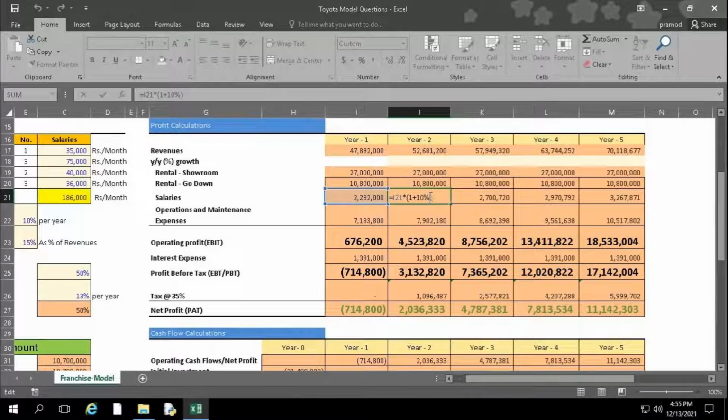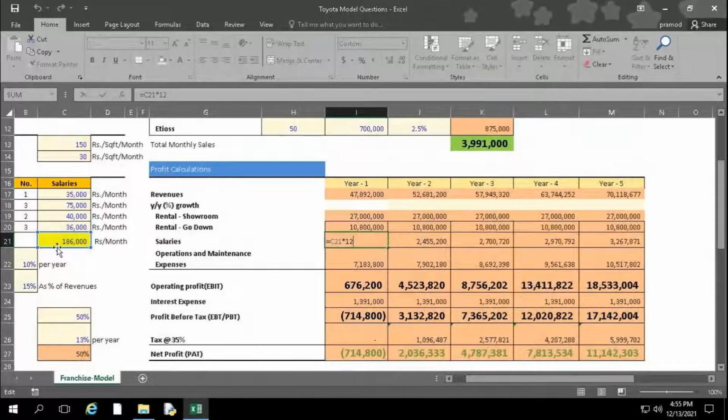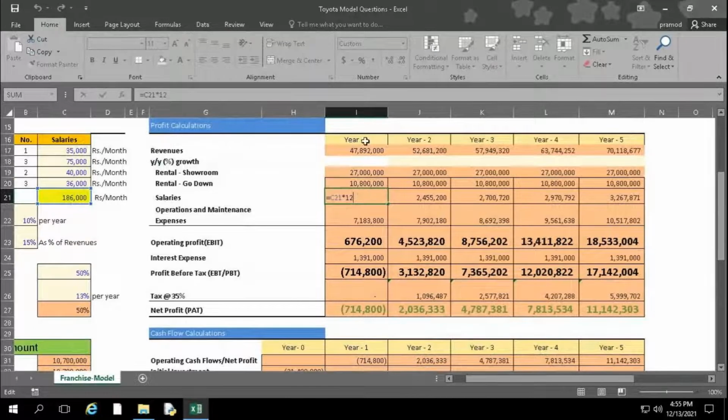into 1 plus. Why, sir, 10%? Increment. This is total into 12. First month, first year, it is total amount into 12. Okay, because 1 year. In the first year, we are paying 22 lakh 32,000 salary. In the second year, there will be a salary increment. So how much percent are we increasing? 10%. That is the growth which they are giving.